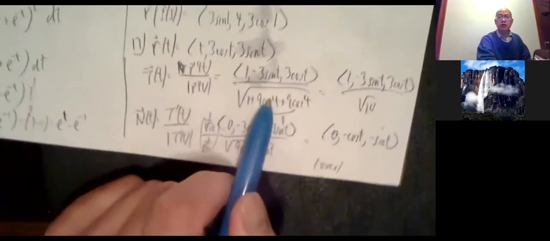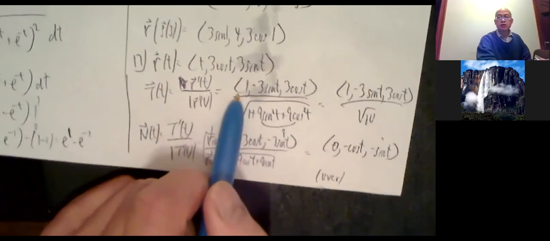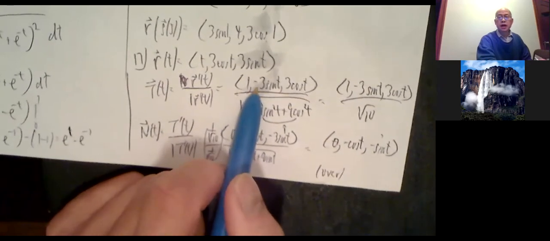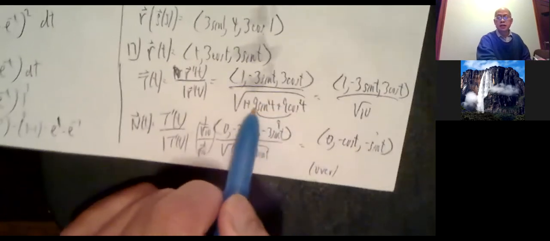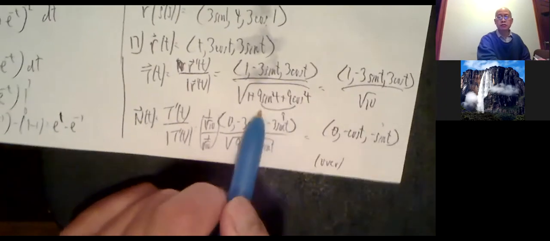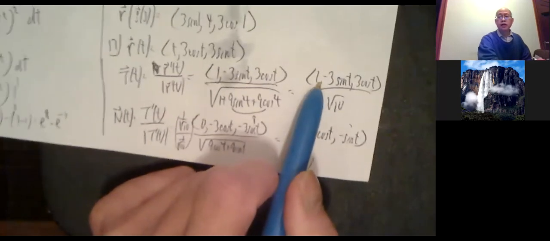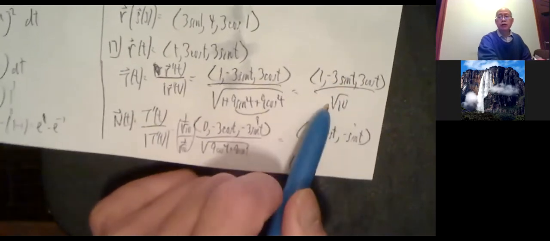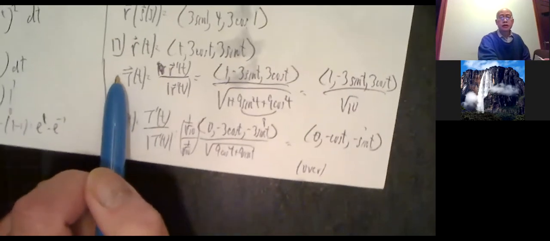And then divided by its norm, magnitude, length. So square root of 1 squared plus 9 sine squared t plus 9 cosine squared t. This is getting to be an old friend by now. We know that 9 sine squared t plus 9 cosine squared t is 9. 1 plus 9 is 10. So 1, negative 3 sine t, 3 cosine t divided by radical 10. That's unit tangent vector T.